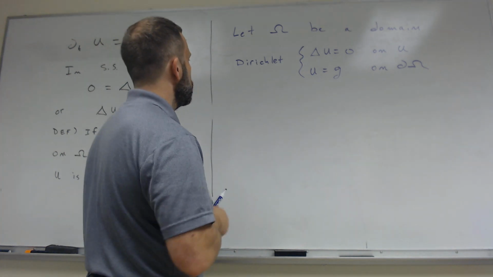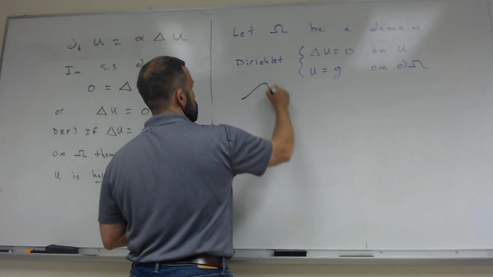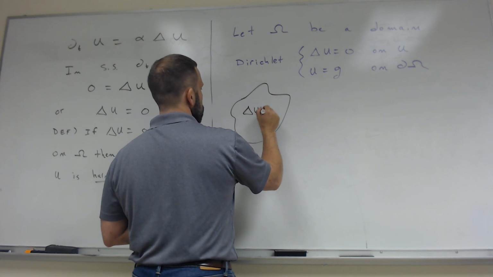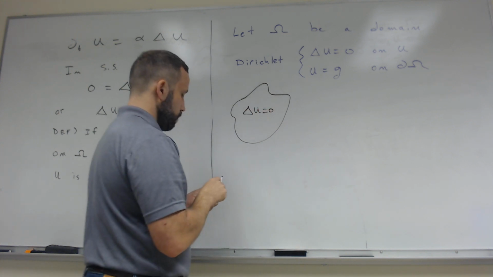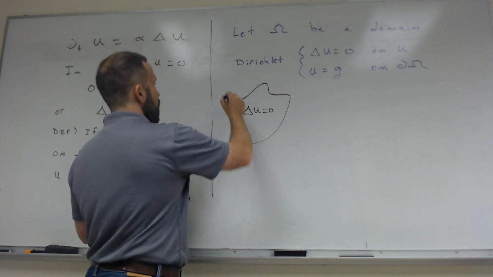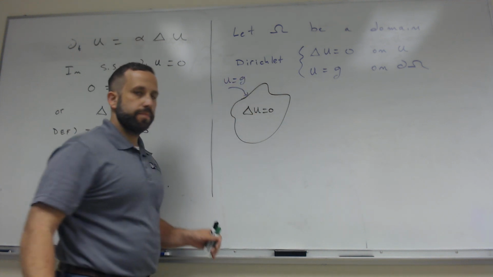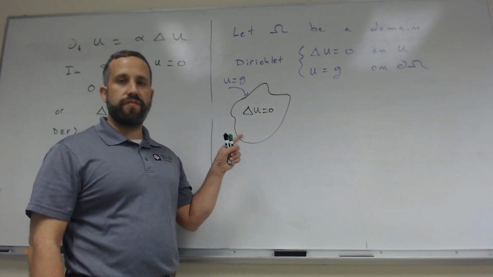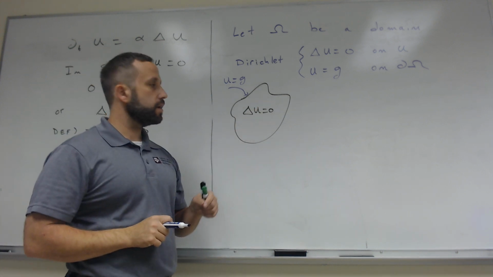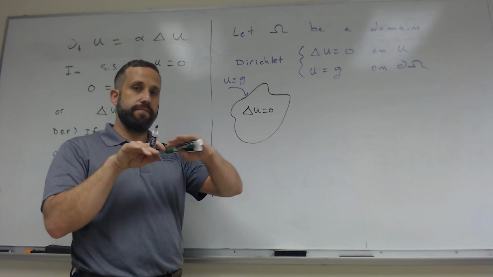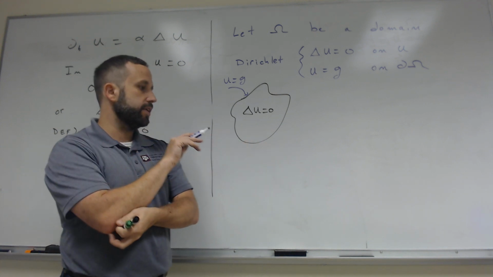Okay, so if this is omega, here we know that the Laplacian of U is equal to 0. And on the boundary, we know that U is equal to G. So if U is the temperature of this plate, the steady state solution is going to be when we have a steady state temperature, like the temperature isn't changing.